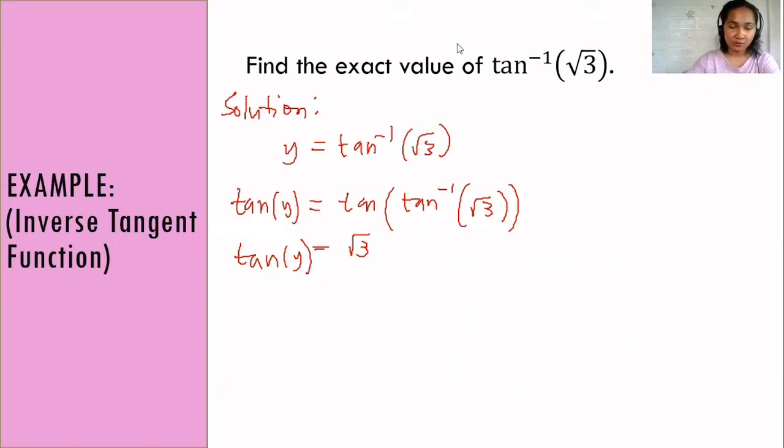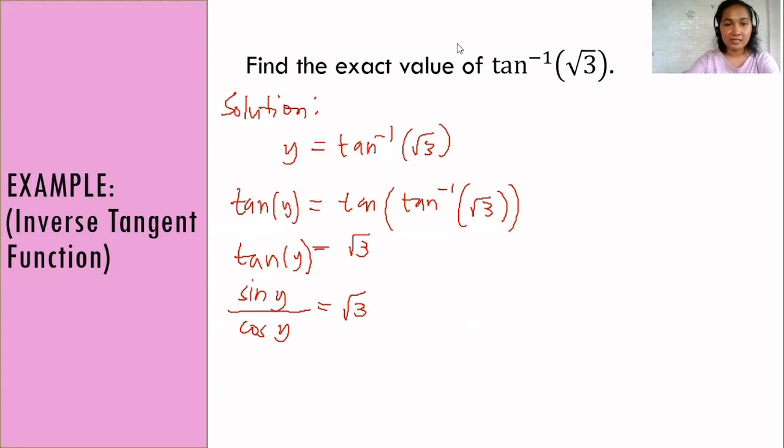If you recall, as an identity, tangent y equals sine y over cosine y, which equals square root of 3. Therefore, we need to find an angle y that, when we substitute for sine and cosine and simplify, will give you square root of 3.